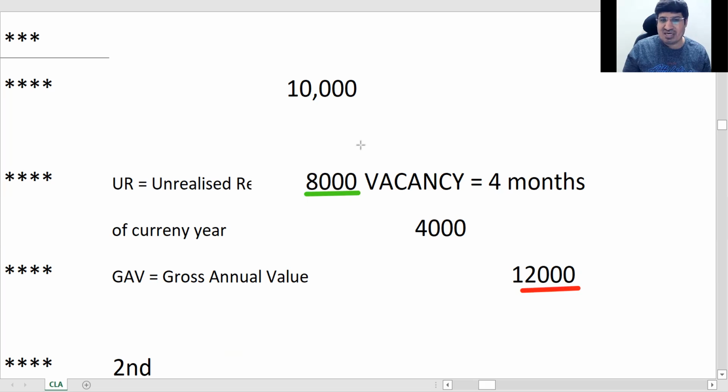Compare with the elder brother: if this is more, or equal or more, then take this as the final value. But if this is less, then take this as the value. This is what you have to do.